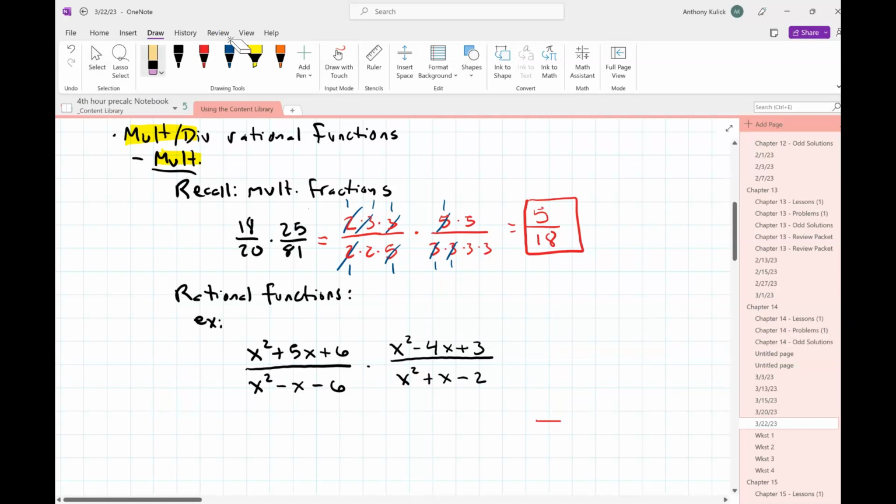So let's say we have x squared plus 5x plus 6 divided by x squared minus x minus 6 times x squared minus 4x plus 3 over x squared plus x minus 2. Ooh, that's a mouthful. What's the first thing I need to do on this?